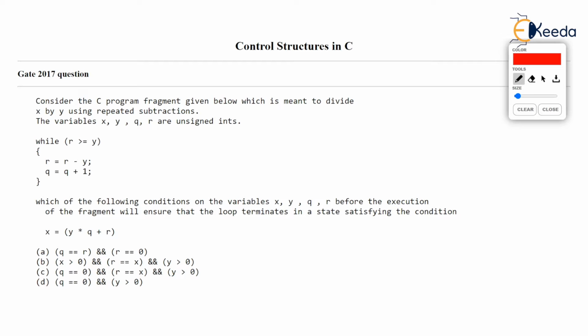And now I will again take x equal to 10, y equal to 3, same values, and I will go for the second condition. Let's see, should this condition be true before we run the while loop? So the condition is x should be greater than 0. Okay, fine. x is greater than 0. Check, I am marking. 10 is greater than 0. Second condition is r should be equal to x.